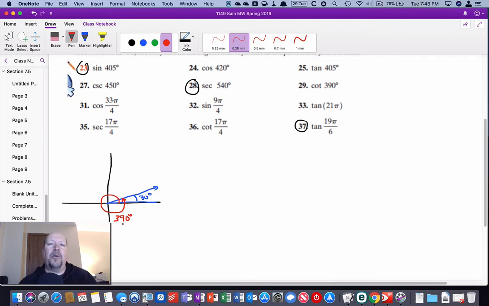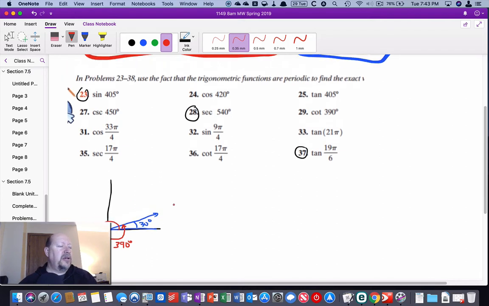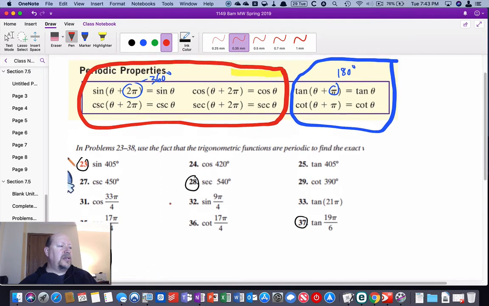We know that those trig function values are the same. The sine of 390 is the same as the sine of 30, and the cosine of 30 is the same as the cosine of 390, and so on. So getting back to the coterminal angles really clues us in as to what this is saying. Now, how often these trig function values repeat depends on which function it is.